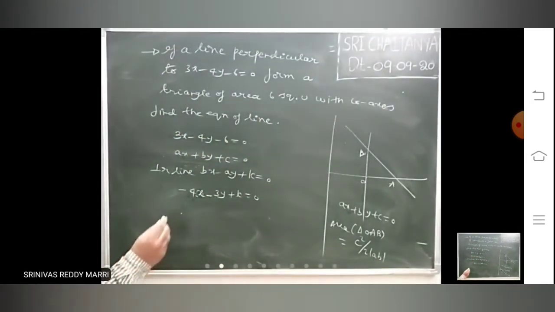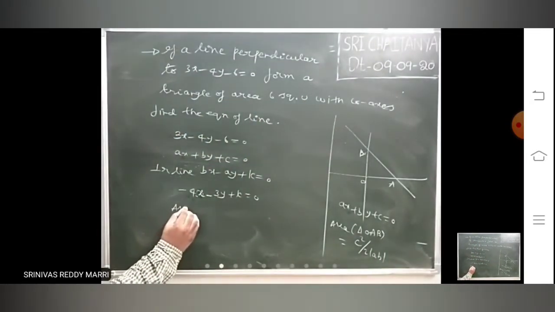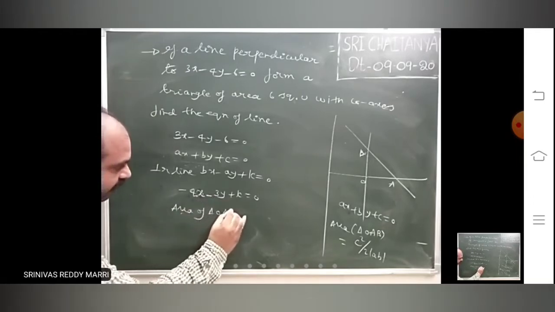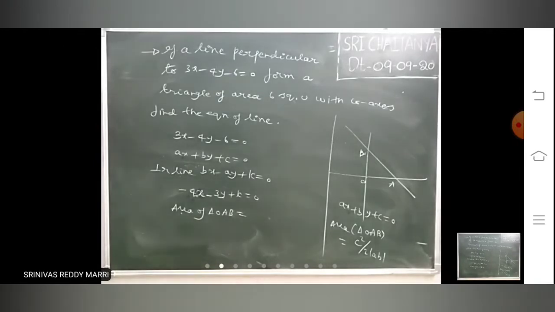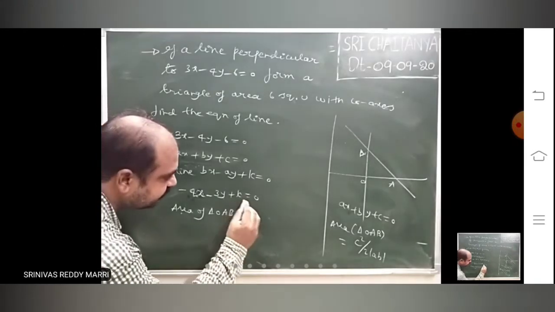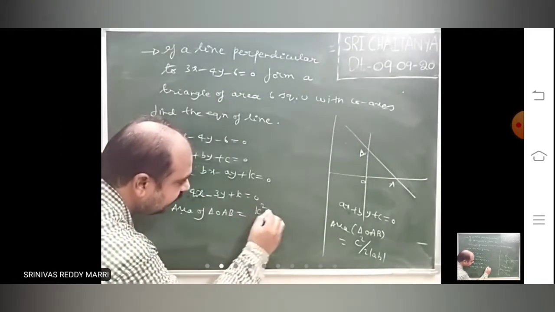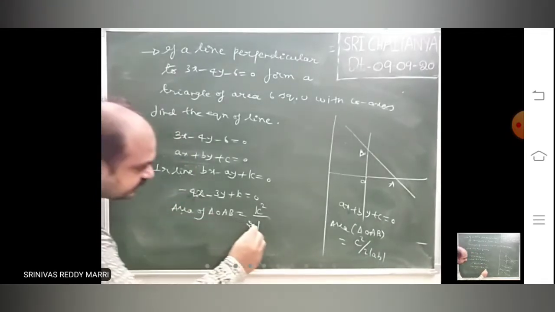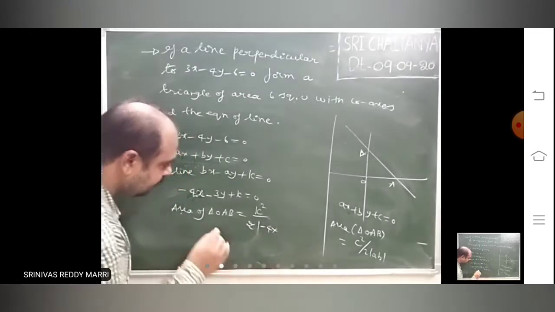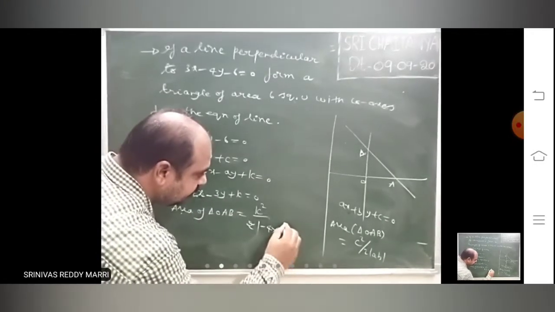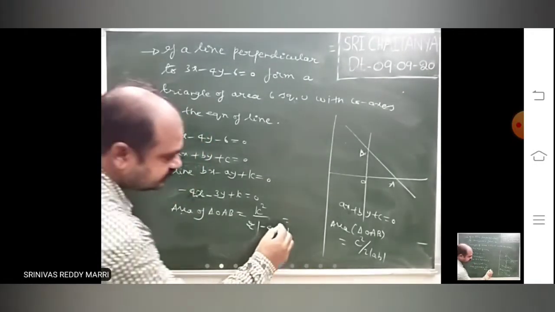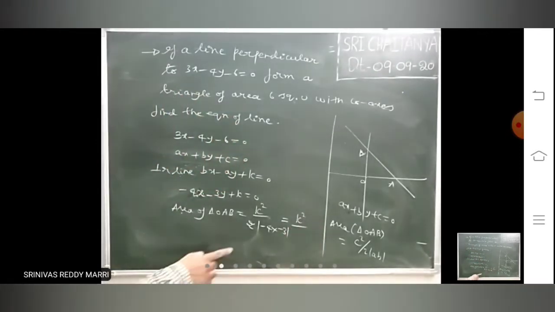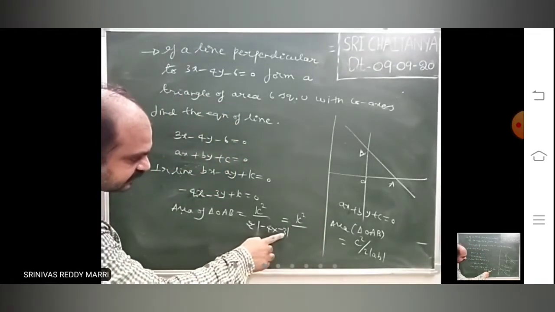So k square divided by 2 into modulus of A into B, where A is minus 4, B is minus 3. That means this area is k square divided by modulus of minus 12, which is 12.